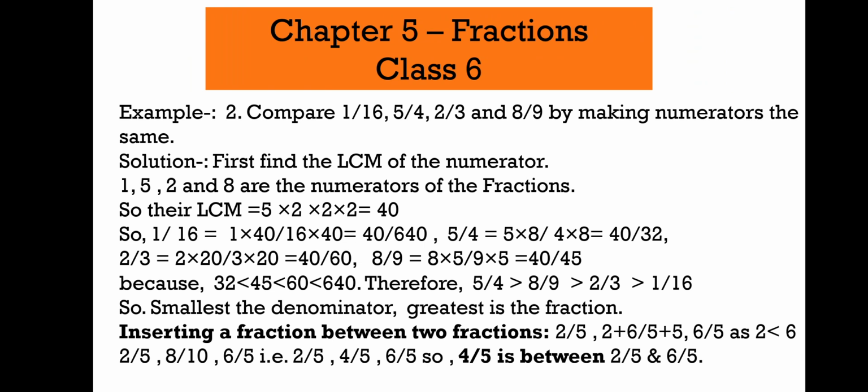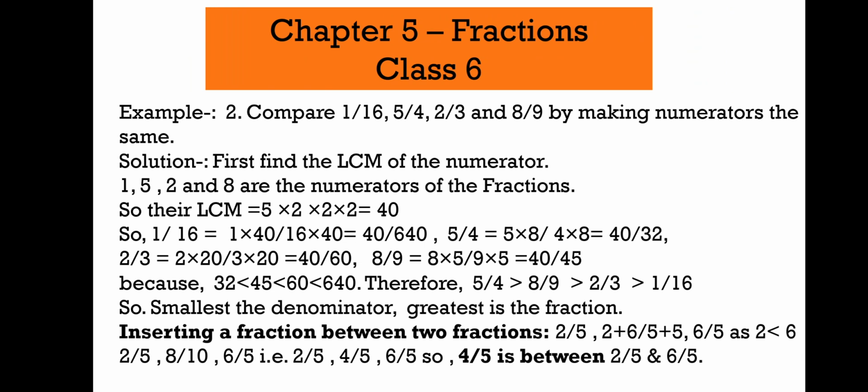Inserting a fraction between two fractions, 2 upon 5 and 6 upon 5. Now both are like fractions. So a simple method for like fractions to get the in-between number, which is smaller than the greater fraction and greater than the smaller fraction: 2/5 is smaller than 6 upon 5 because 2 is smaller than 6. So we have to find it by adding the numerators and adding the denominators.